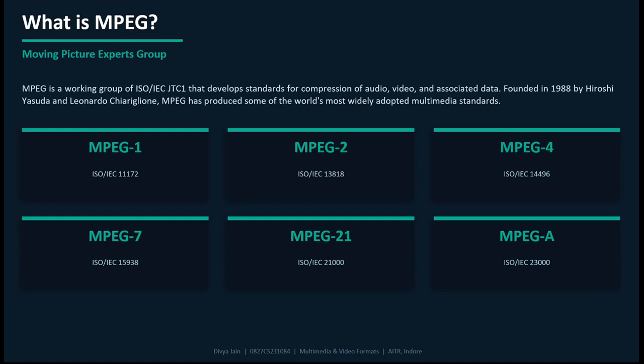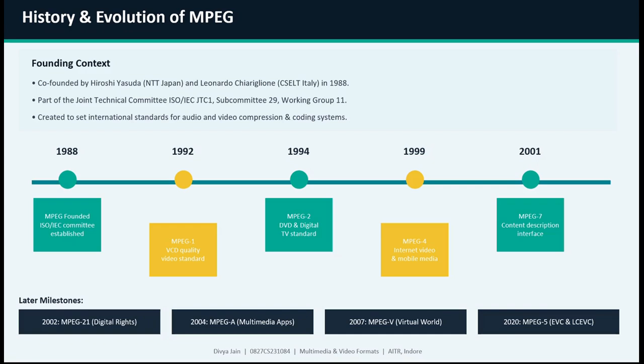Over the decades, MPEG has produced a whole family of standards, each identified by an ISO number. You can see them here: MPEG-1, MPEG-2, MPEG-4 for video and audio encoding, MPEG-7 for content description, MPEG-21 for digital rights and delivery frameworks. Each of these serves a different purpose, and we'll explore them one by one.